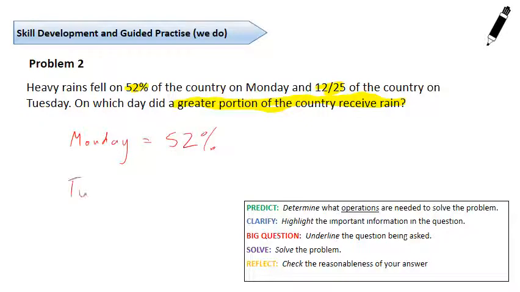On Tuesday, we had 12/25, which is 0.48 as a decimal, or 48%. So which one's larger? Monday's larger, 52%, so we're going to finish that off with a sentence.